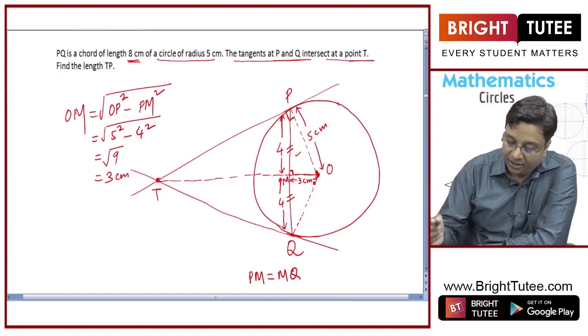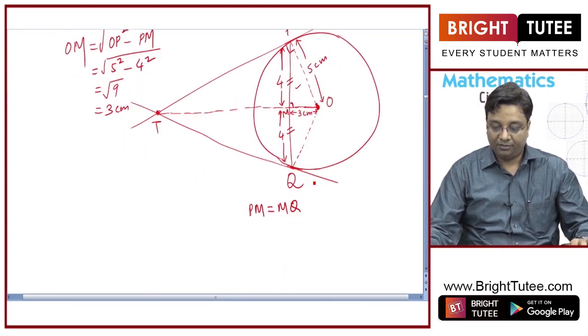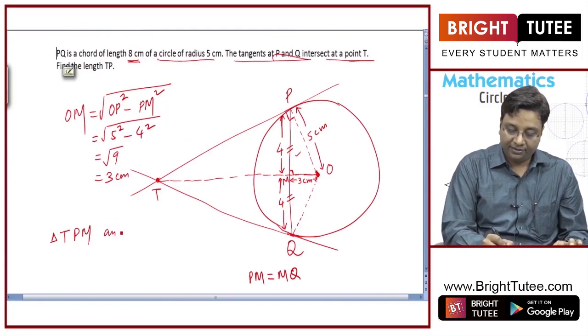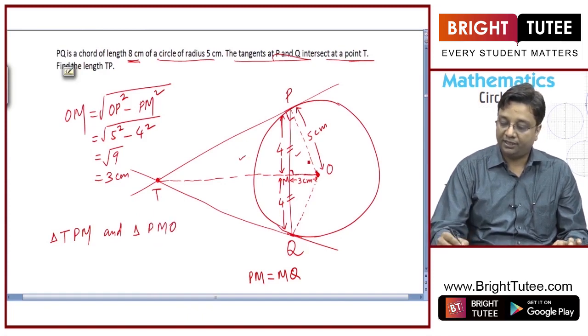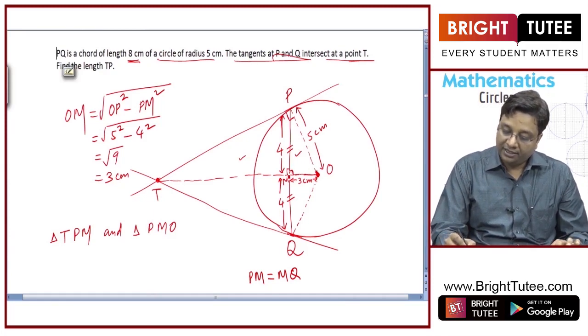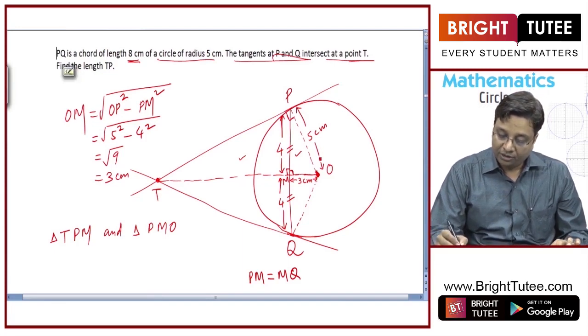Right? So what other things can we think about? Let's look at this triangle here, triangle TPM, and triangle PMO. We will look at this triangle and this triangle. This angle is 90 degrees and this angle is also 90 degrees. Also, what is the other thing that can be equal in these two?